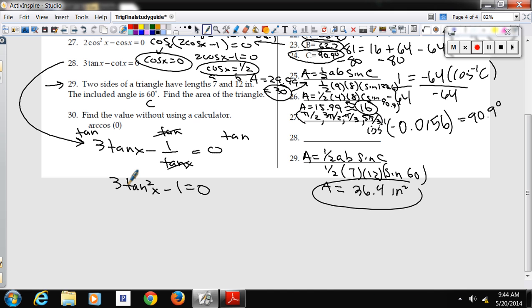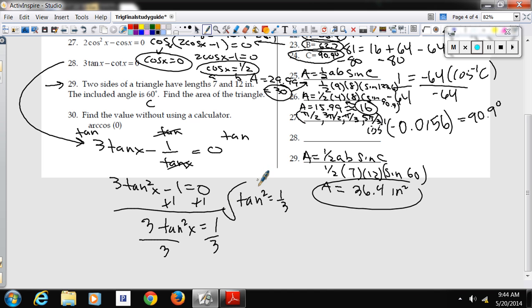Now that one was actually the exact problem in your notes yesterday. You added 1 to both sides, so you got 3 tangent squared equals 1. You divided by 3, so tangent squared equals 1/3. You square rooted everything and ended up with tangent is plus or minus radical 3 over 3.